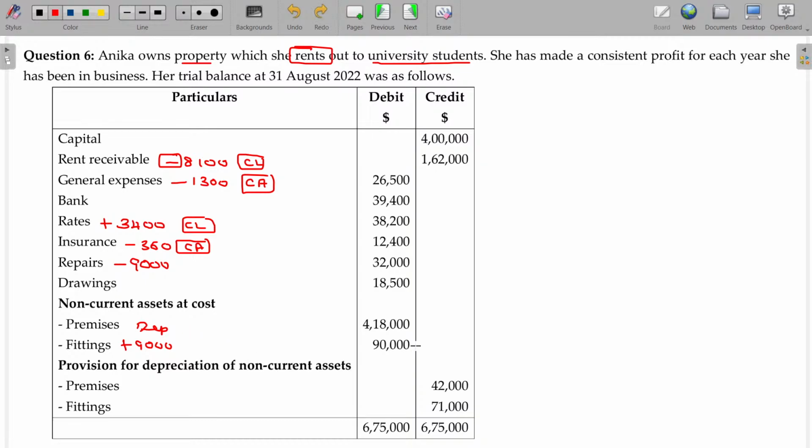So the depreciation in this case is 4,18,000 divided by 50, that is 8,360. You have to subtract it from the asset, and it is also a profit and loss section expense.